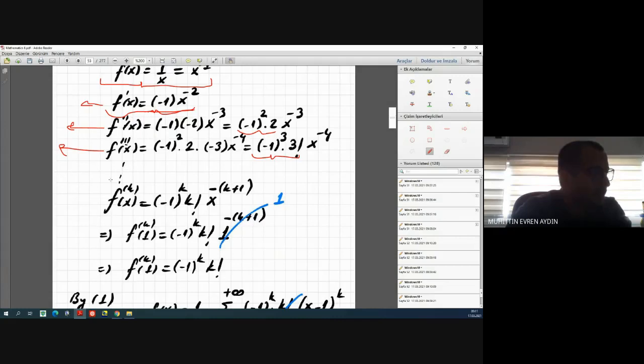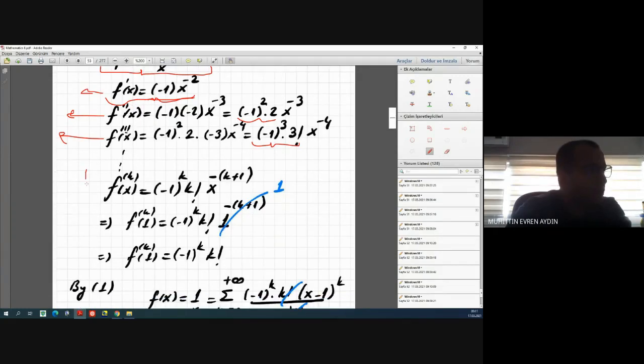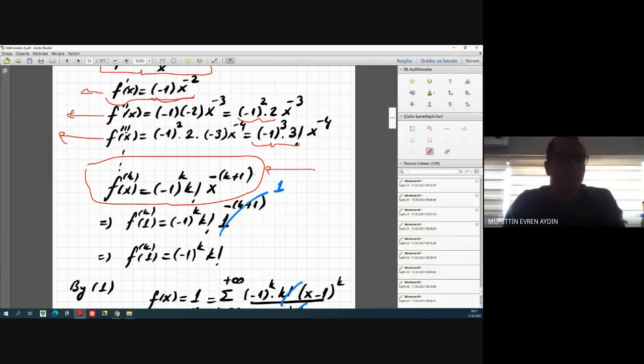Processing these derivatives, you can easily find the kth order derivative equals minus 1 power k, k factorial multiplied by x power minus k plus 1. This is the formula of any order derivative of the function f.